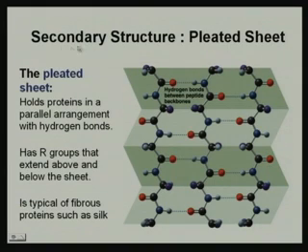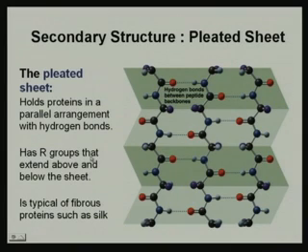When we are talking about the secondary structure, it is also called the beta pleated sheet. Now here it holds the protein in a parallel arrangement. So these are the peptide linkages and they are just trying to hold themselves in the parallel arrangement, and it looks like a matrix like structure.